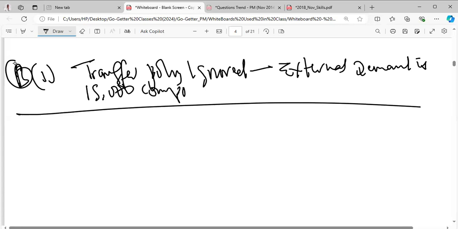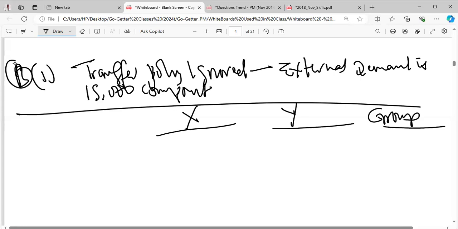components. Now we are looking at the overall for the group. So what happens to the group? So this is X, this is Y, and the main thing is the group. So we have sales revenue.